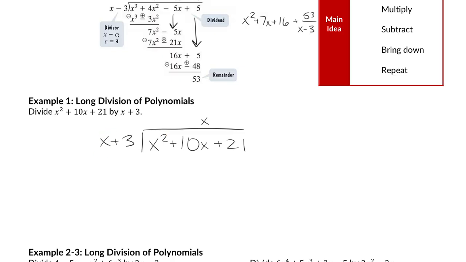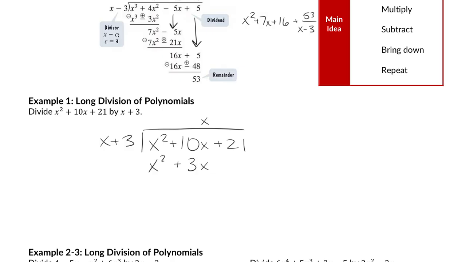Be sure to line up the x's on top of each other. Then I'm going to multiply x times x, which is x squared, and x times 3, which is positive 3x. Again, what I'm doing is x times x and x times 3, like a little distribution question.